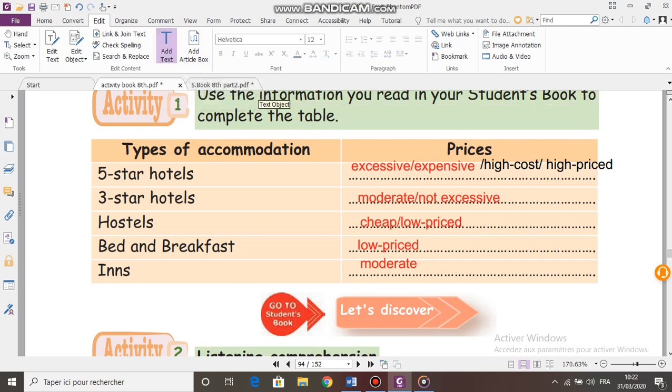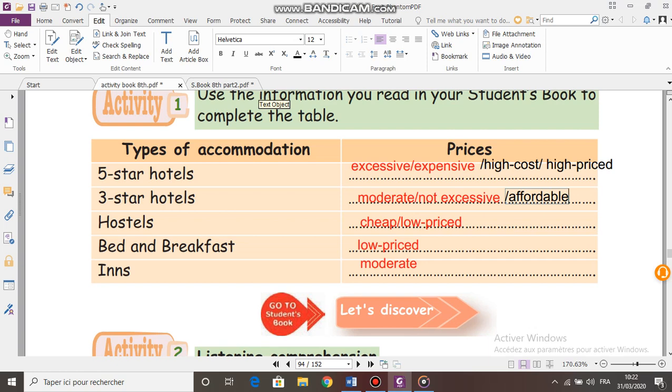Then let's move to 3-star hotels. Prices are moderate, not expensive or not excessive. We can also use the word affordable. It means acceptable prices, moderate prices, not expensive. Moving to hostels.